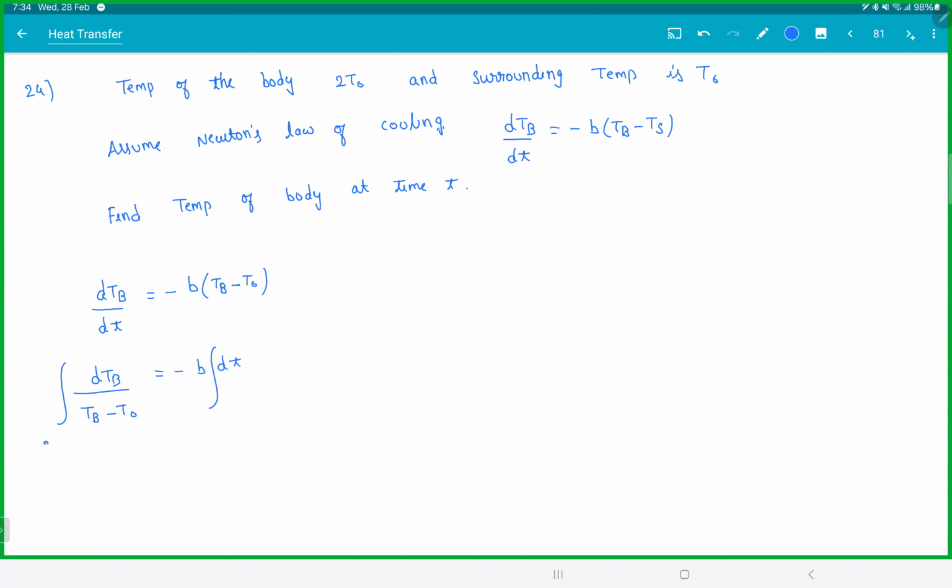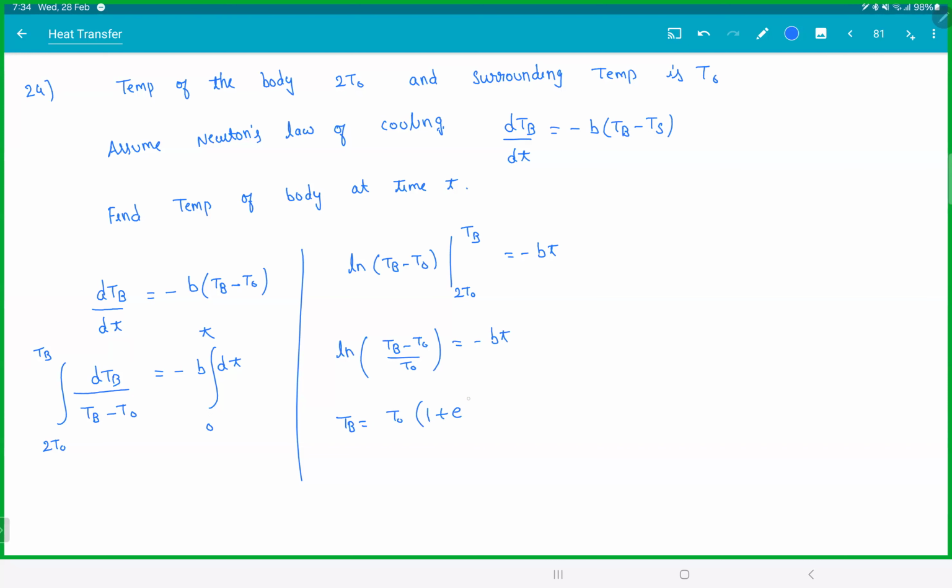Integrate. The initial temperature of the body is 2 T naught, going to TB, with time 0 to t. This will be ln (TB minus T naught) by T naught equals minus Bt. So we get the temperature of the body as T naught into (1 plus e power minus Bt).